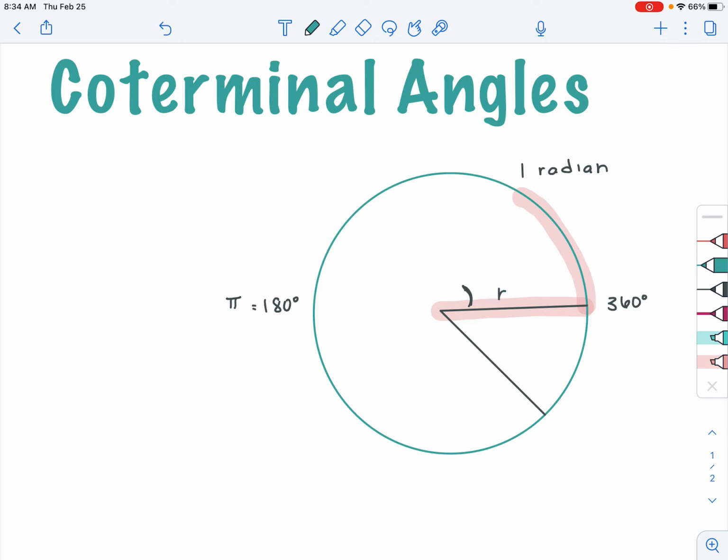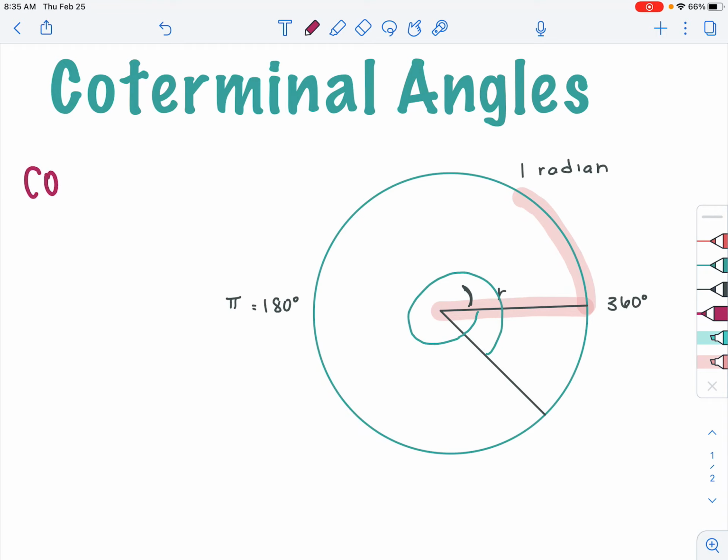I can do the same thing with negative angles. Maybe I went this way and kept going and measured backwards and got a negative angle. So coterminal angles are angles that are on the same place of the circle but have different angle measures. Let's write that down.